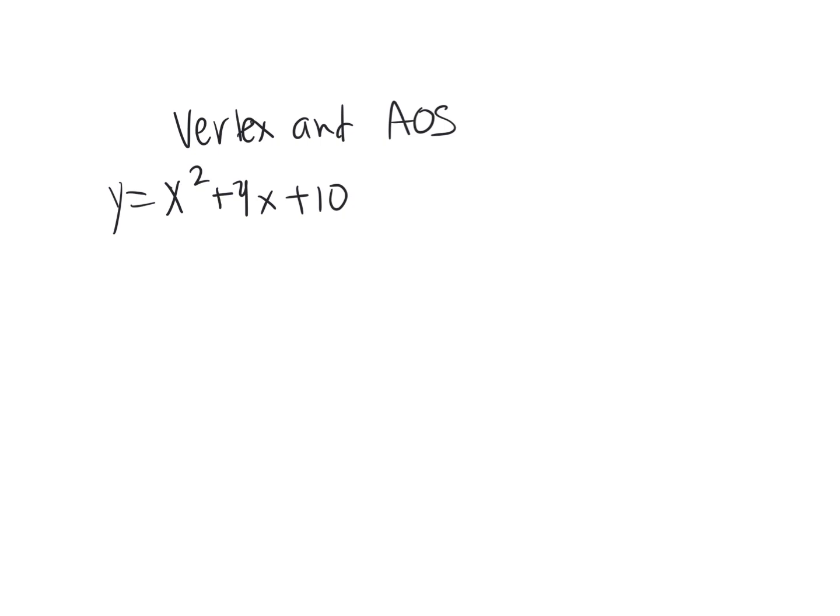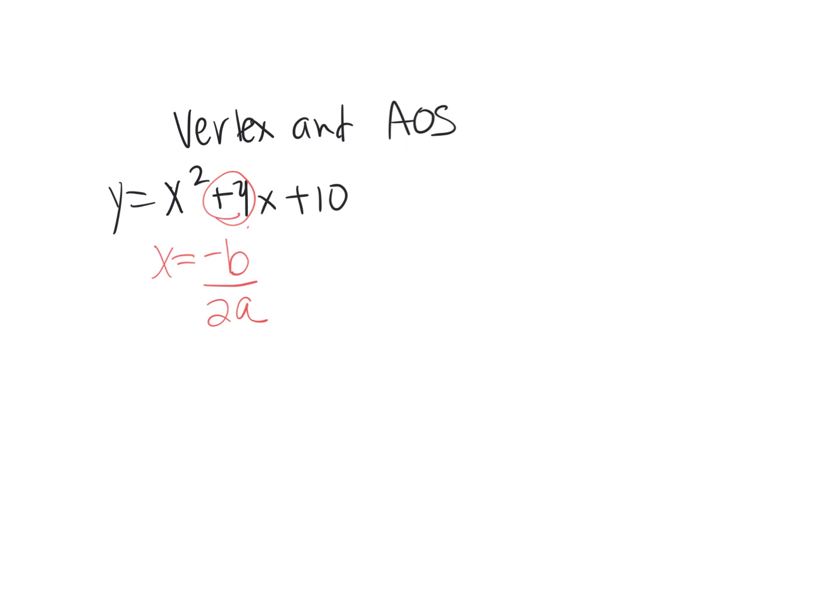Our next problem, we're going to look for the vertex and the axis of symmetry. Some of you might like to find the intercepts and use that to find the vertex. But if we look at this problem, x squared plus 4x plus 10, if we look for 2 numbers that multiply to 10 that add to 4, we're not going to be able to come up with that. So this is one that we're going to have to use this formula to figure out the x coordinate of the vertex.